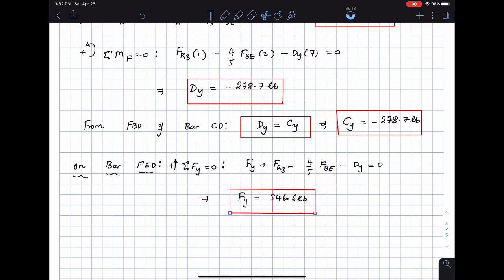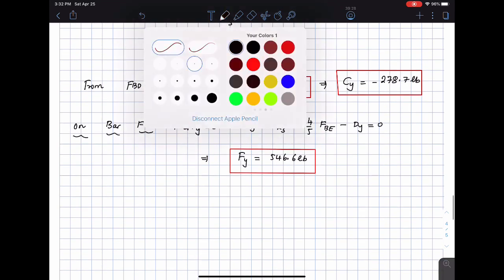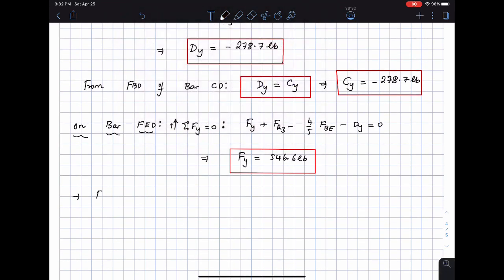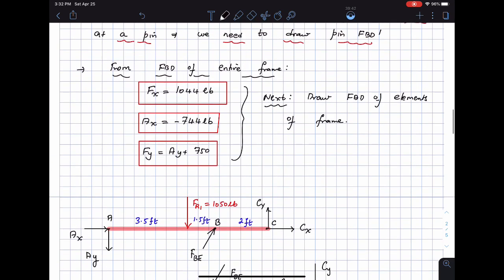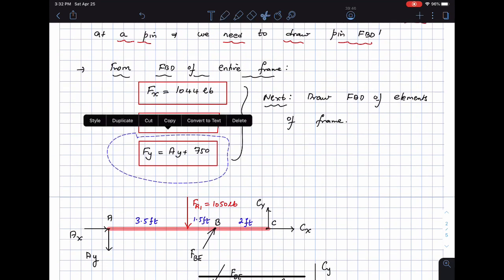The very last step that we have, as you might recall, is we had obtained a relationship between Fy and Ay by looking at the free body diagram of the entire frame. So from the free body diagram of the entire frame, we had the following equation between Fy and Ay. I'm just going to bring that down here.